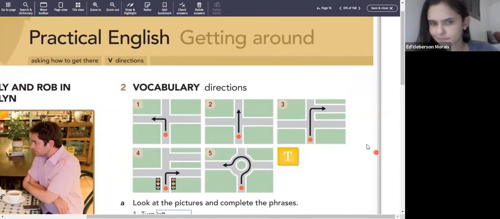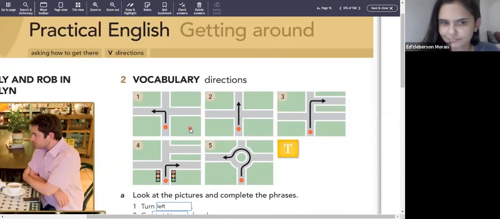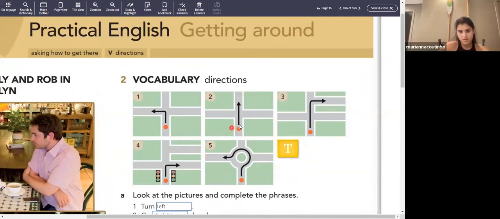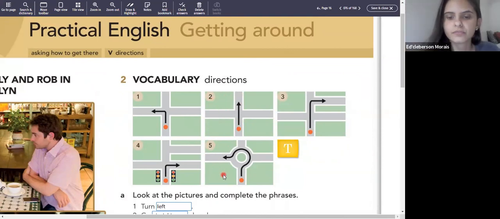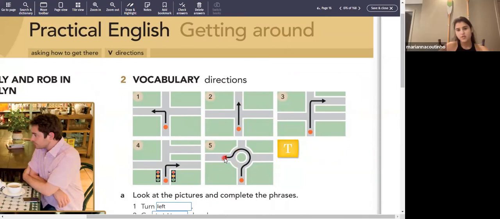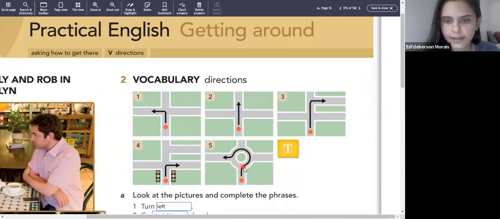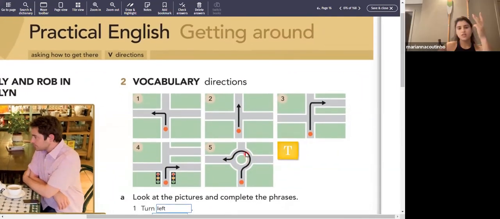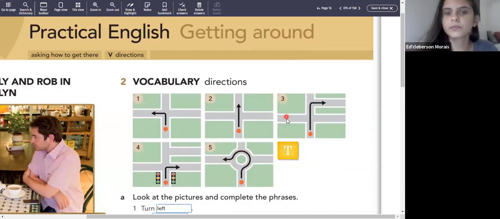So Mari, look at my screen. What's number 2? Second. No, go straight ahead. Perfect. Number 5. Traffic circle. Go around the traffic circle and take the third exit. Very good. And number 3.